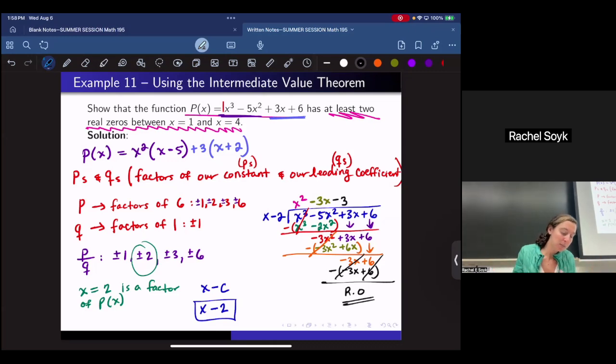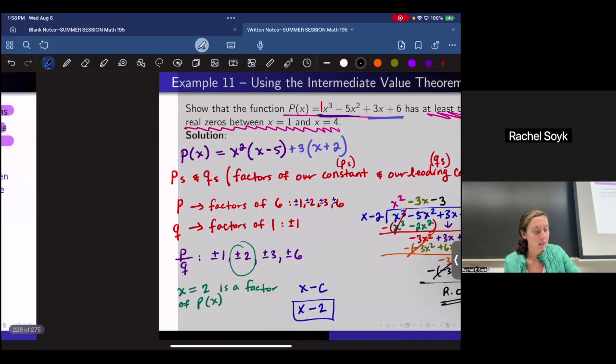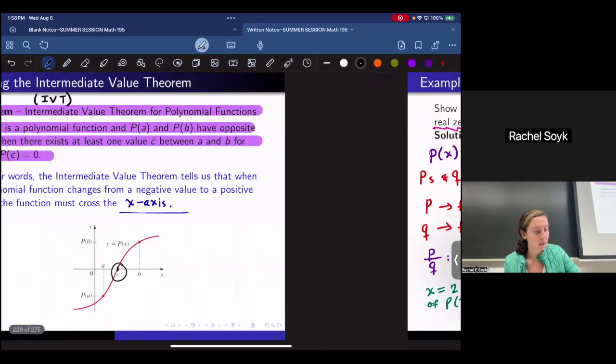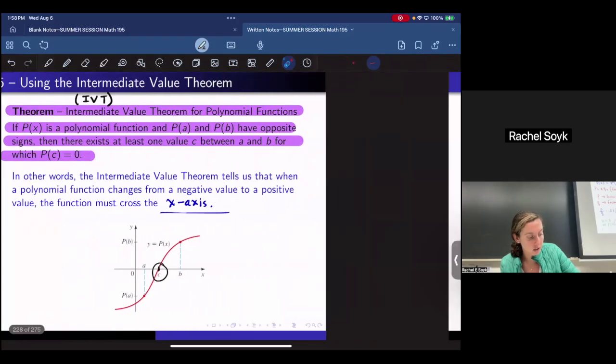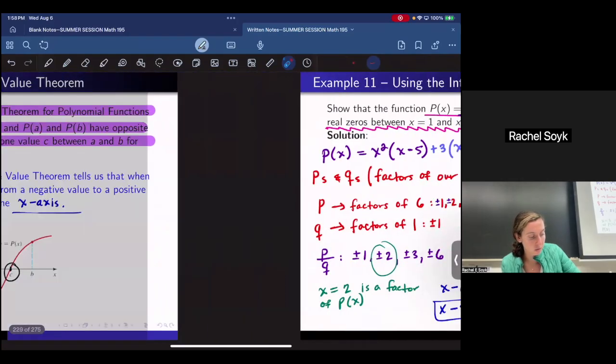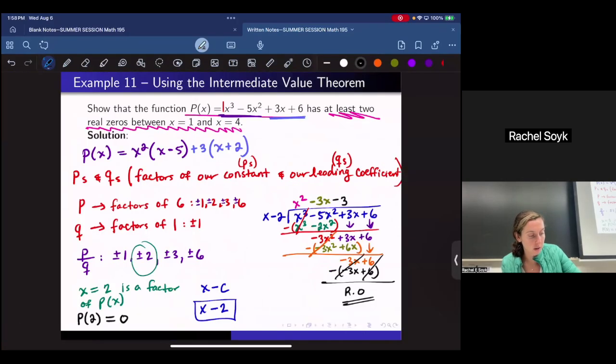Which is amazing, because that indeed proves that x minus 2, aka 2, is a factor of the polynomial, based off of the definition that we covered over here. Our P of c is equal to 0. So if we plugged in 2 into our function, we would indeed get 0 out.